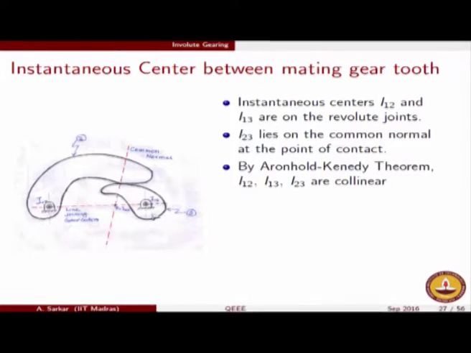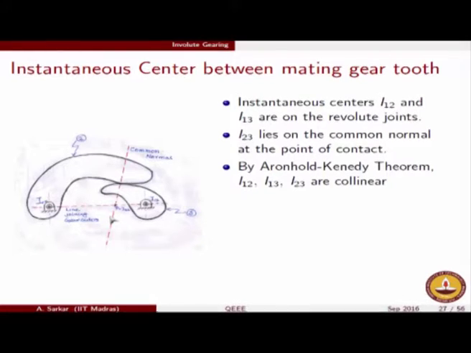So the Aronhold-Kennedy theorem tells us that the instantaneous center between 2 and 3 has to lie on the line joining the two pivots or the two revolute joints, whereas our previous argument said that the instantaneous center has to be on the common normal.